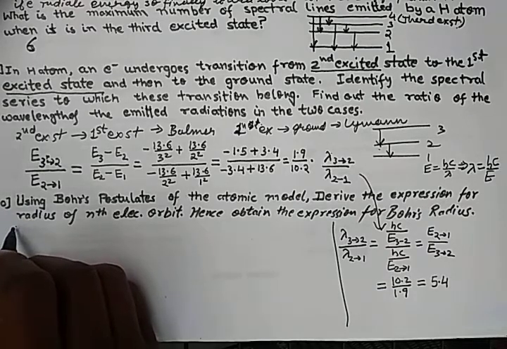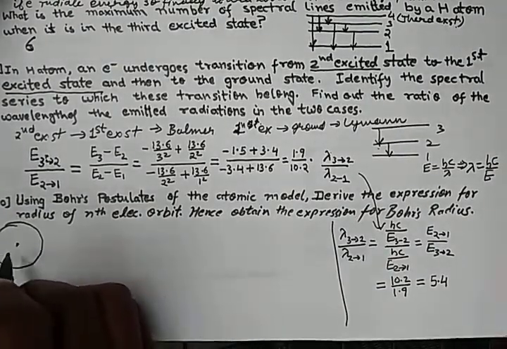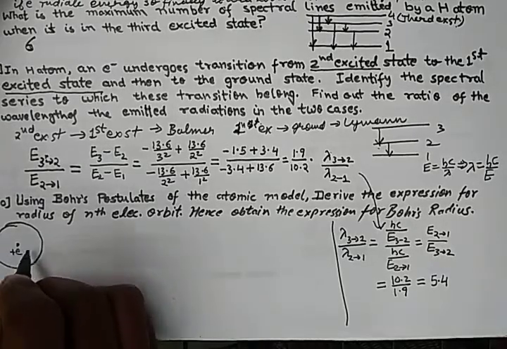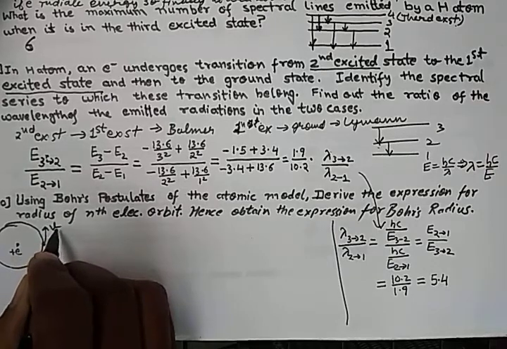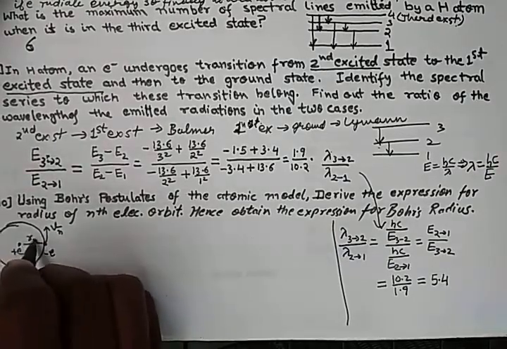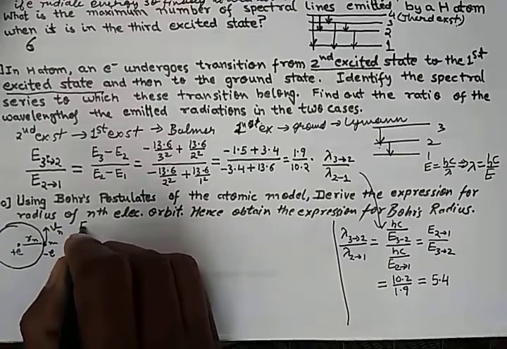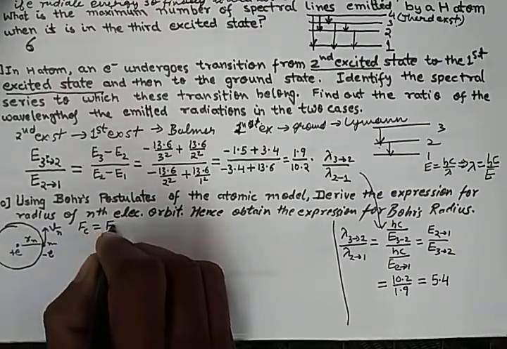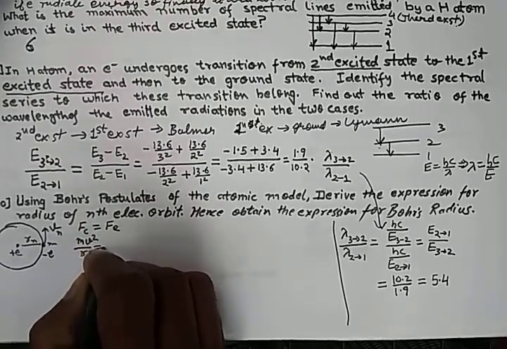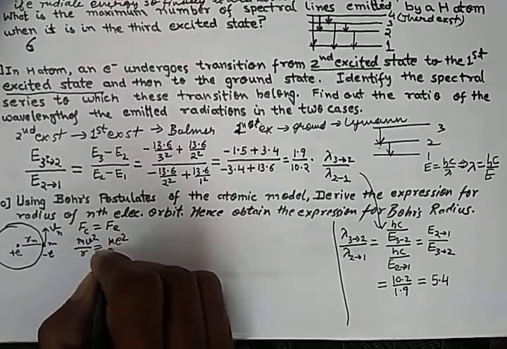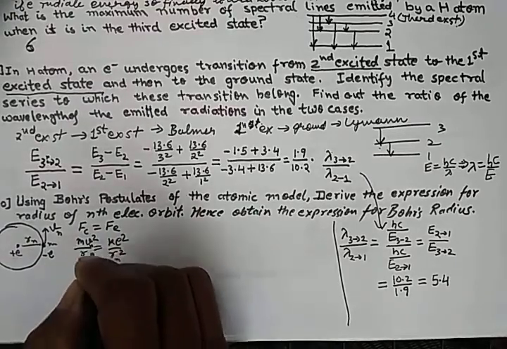First of all, you have to draw hydrogen atom here, plus e here, minus e, with velocity v_n, radius r_n, mass m. So centripetal force is equal to electrostatic force, that is m v square by r_n equal to k e square by r_n square.